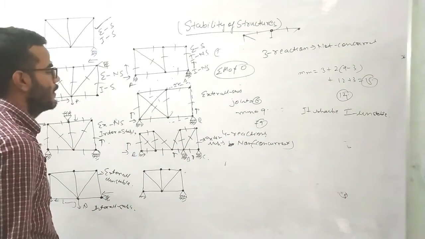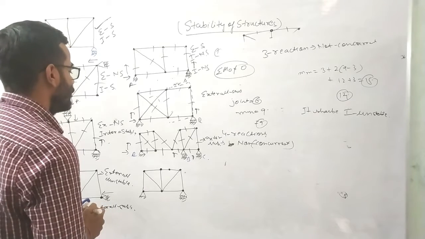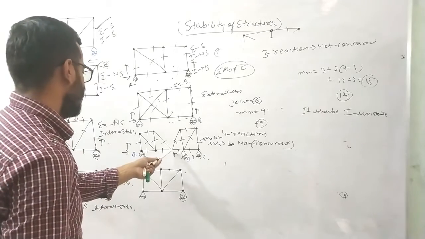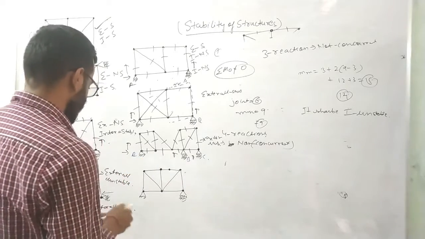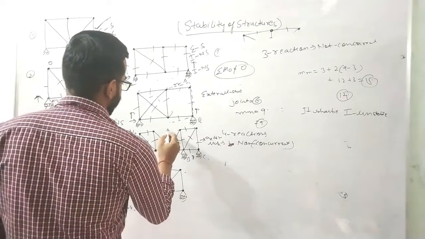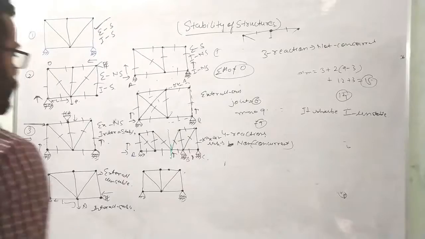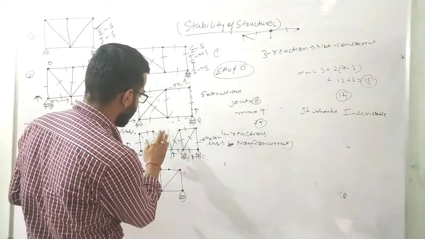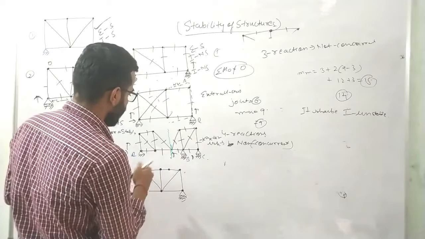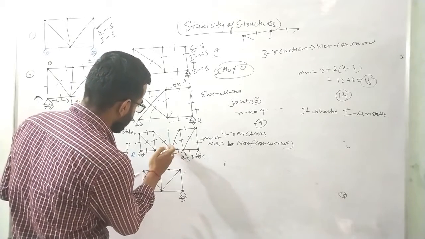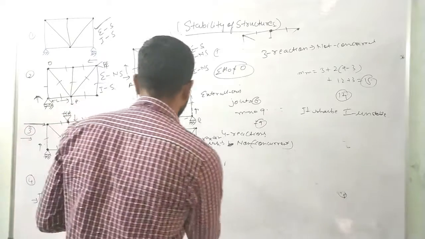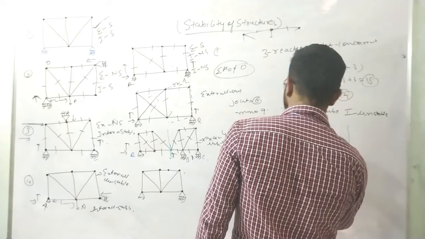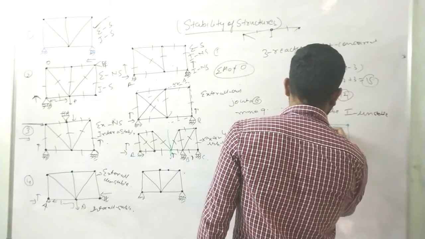To check the stability, what we have to do is cut this section over here. If we consider this portion, if I cut this section at this point, just to the right side of the pin joint, what section will I get? I get this type of structure. This is my pin joint.